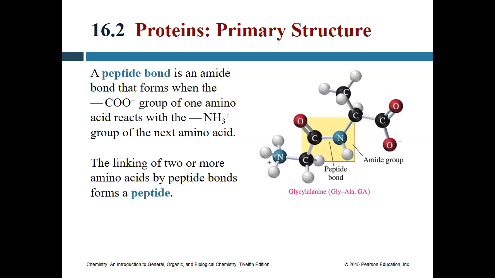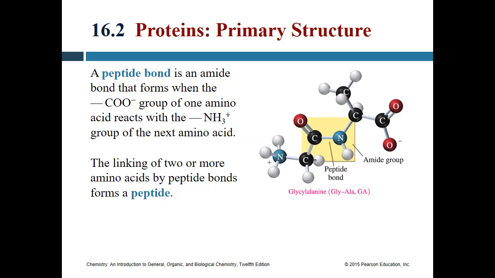All right, the remaining time for today is going to be talking about how we take those amino acids and actually form proteins in the first place. And from a chemical standpoint, the creation of a protein chain is actually a relatively simple concept. All that we are doing is forming peptide bonds.